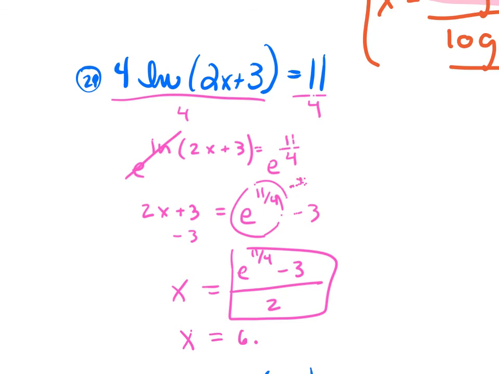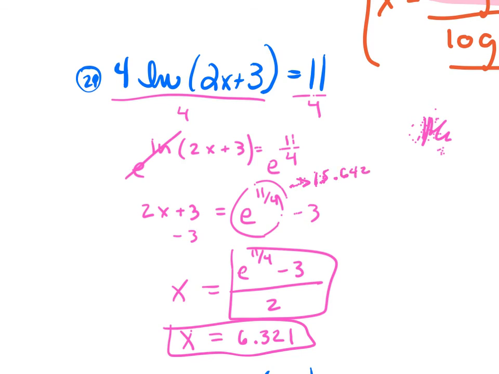And then subtract 3, then divide by 2. 6.321.